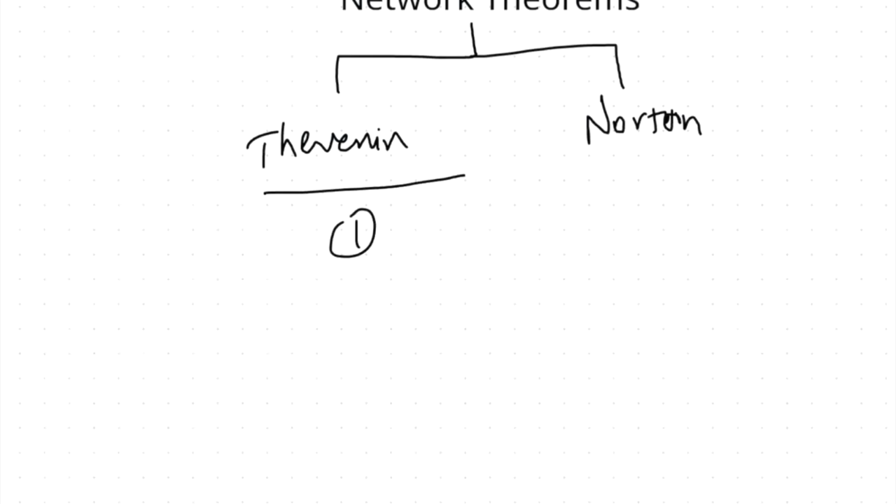So Thevenin theorem states that it is possible to simplify any linear circuit, irrespective of how complex it is, to an equivalent circuit with a single voltage source and a series resistance.